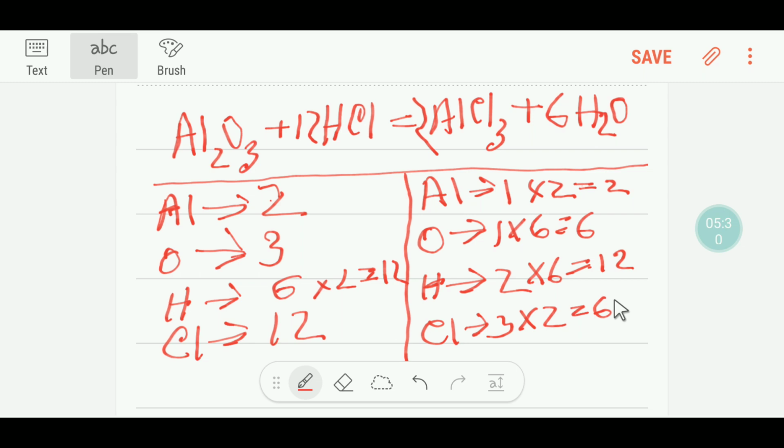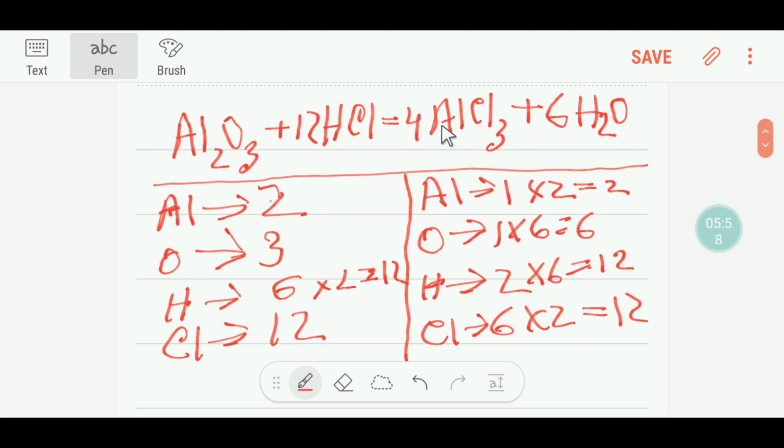So to balance the chlorine, I can multiply here by 2, right? Okay, let me write it at first. 2, that gives me 12, and these 2 must come before this chlorine that is here, right? So 2 times 2, that gives me 4. So I will write here 4, right?